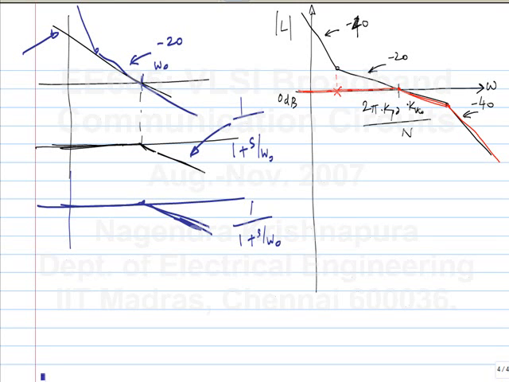There is 1 pole at origin. How many are in this? 2. So how many poles must be there in the closed loop response? 2. So where is it? But logically also the argument that I gave before is right. When the magnitude of loop gain is much more than 1, the gain is approximately 1. So what happened to the second pole?